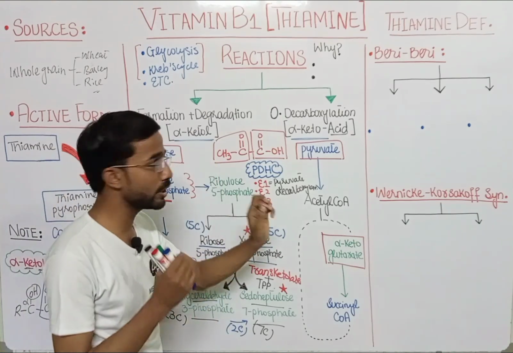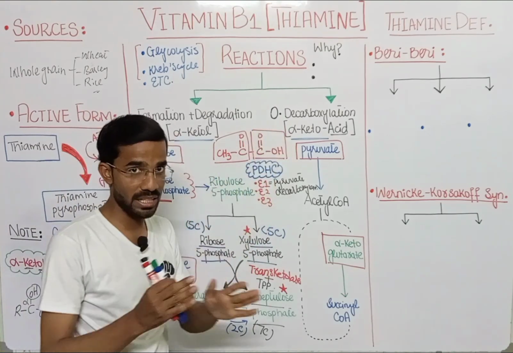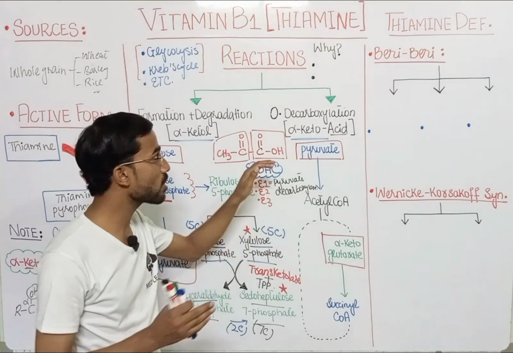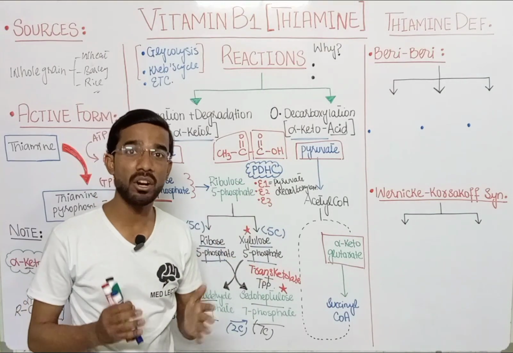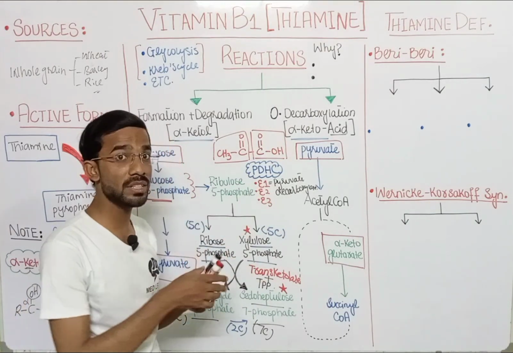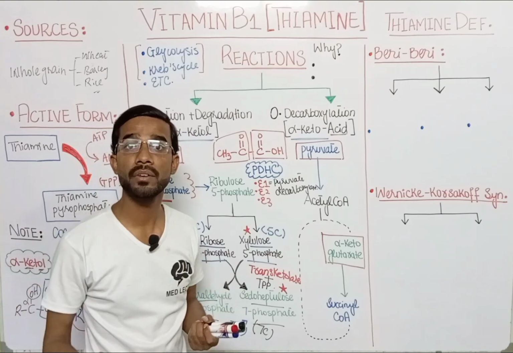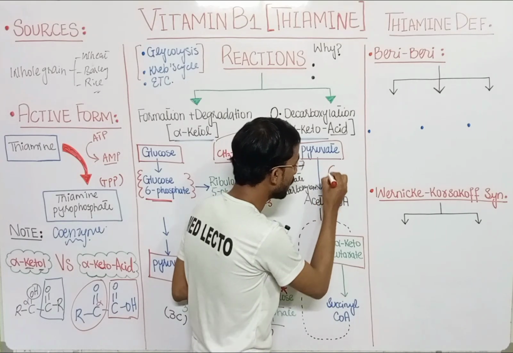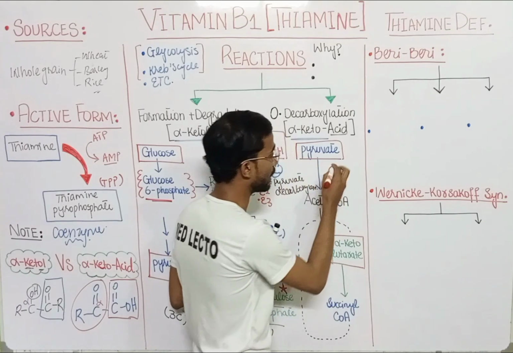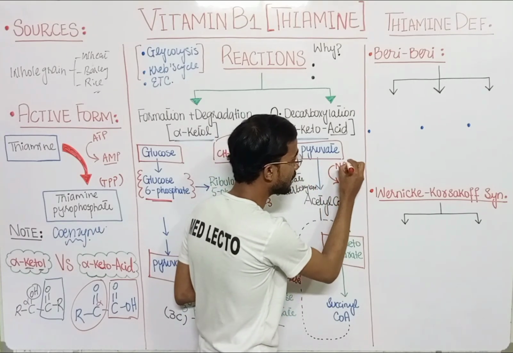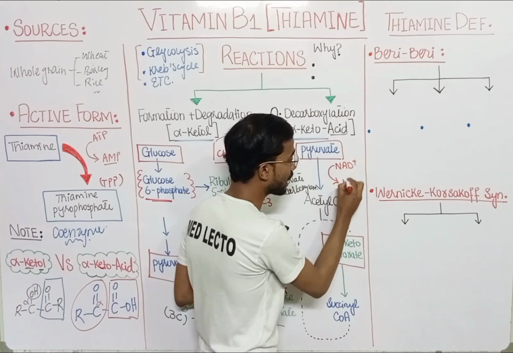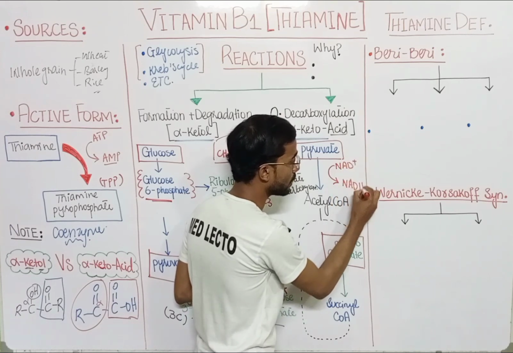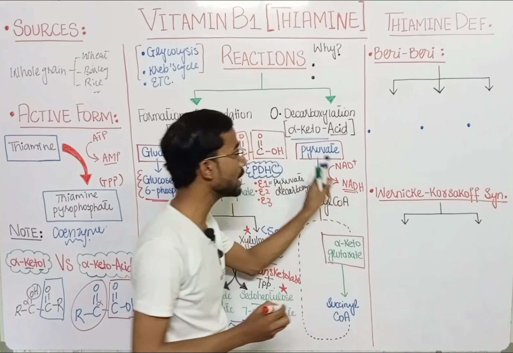If we focus on the words oxidative decarboxylation, oxidative is related to oxidation. In this process, oxidation means removal of hydrogen. You will see the hydrogen removed from the pyruvate, so NAD positive will convert into NADH. The H in NADH comes from the pyruvate.